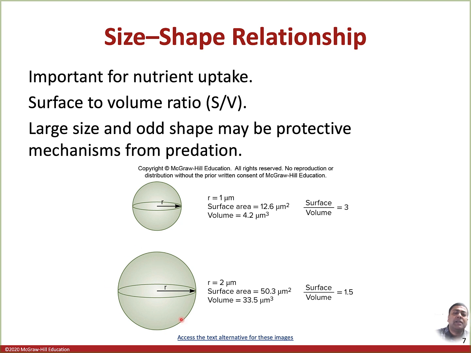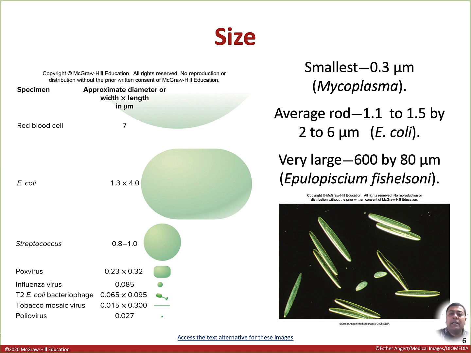On the other hand, there are some advantages, although not in nutrient uptake. Large size or odd shape may be a protective mechanism from predation. So this is clearly an advantage of this E. fishelsoni, which is very, very big. The problem is that they have to compromise on nutrient uptake, but E. fishelsoni actually circumvents this because they have invagination of the plasma membrane under the cell wall to increase the surface area for absorbing nutrients from the environment.